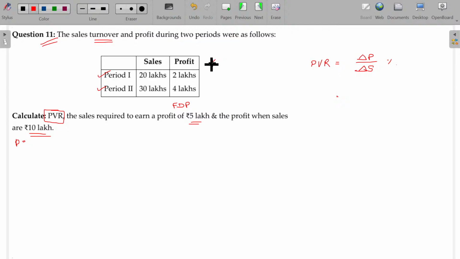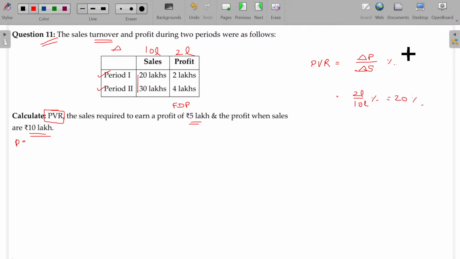The difference in sales is 10 lakhs and the difference in profit is 2 lakhs. So the value is 2 lakhs by 10 lakhs, which is 20%.